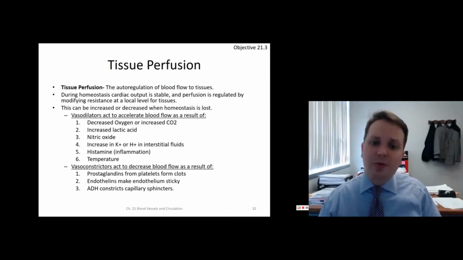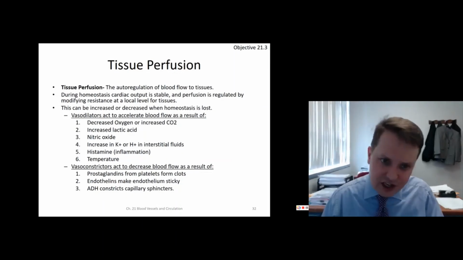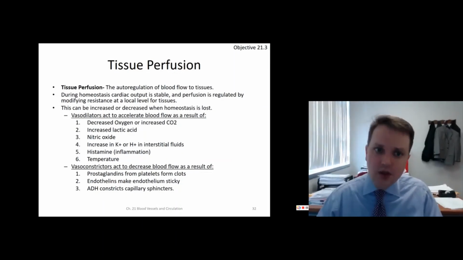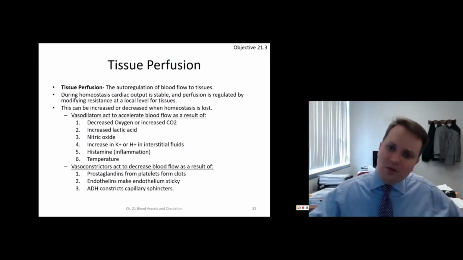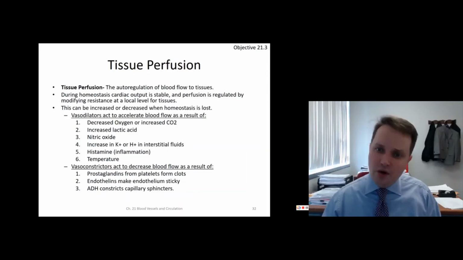Now, what is perfusion? Perfusion is autoregulation of blood flow to tissues. Tissues at the local level, autoregulation, where it happens within a system, helps to keep blood flow going to your tissues.